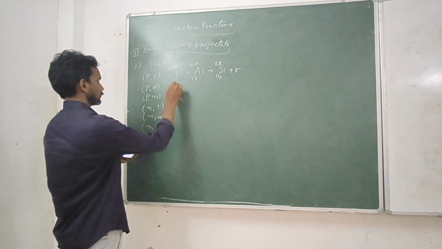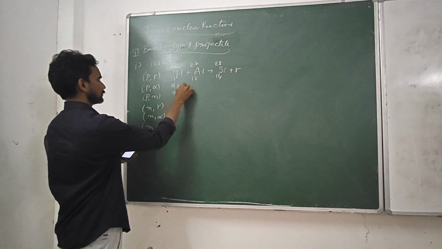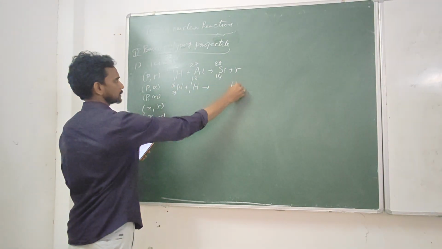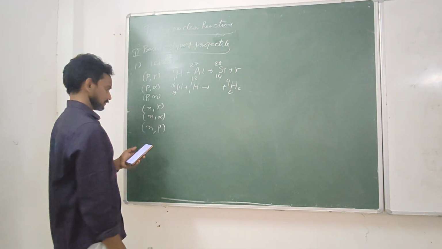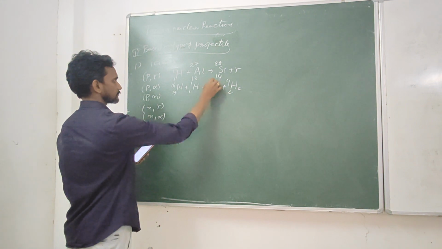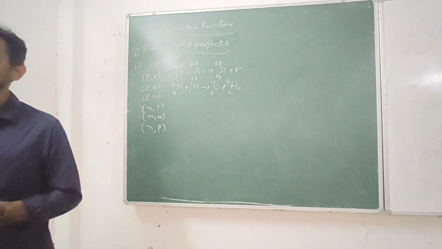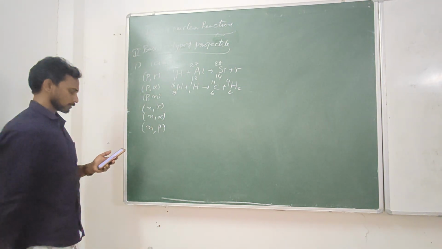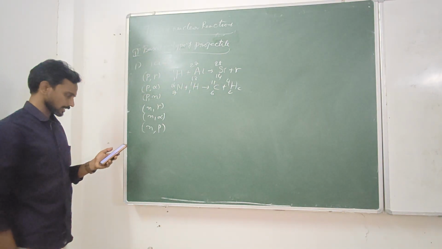And proton alpha, so N714 plus H11 gives you He24. What is the remaining thing? C611. So you know the projectile and ejectile details are given, so you can write those equations easily.